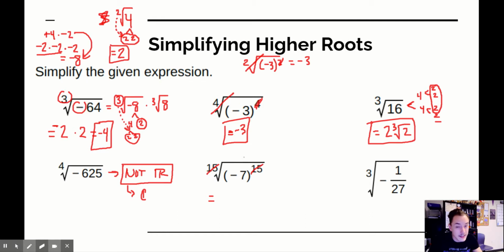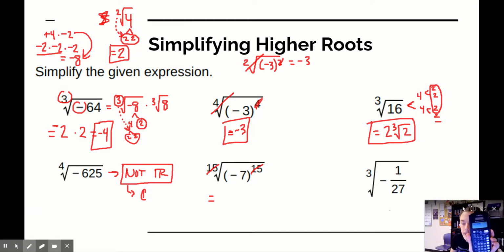You can plug it into Desmos, but I'd rather show you on the calculator. So this is going to be parentheses, -7, and then to the power of 15. Boom. You see that? So it is -7. It's really nice.